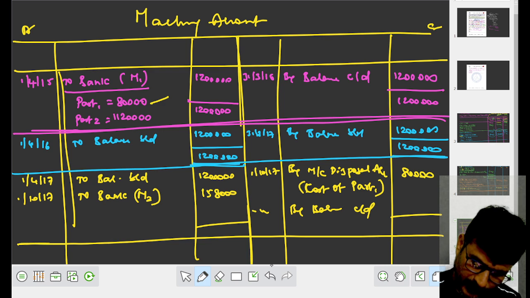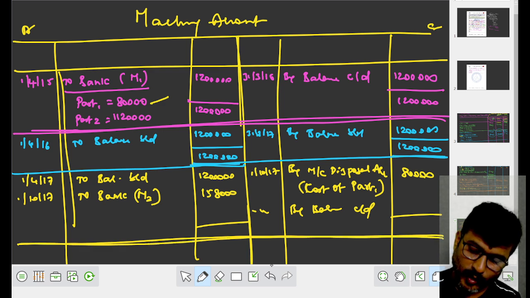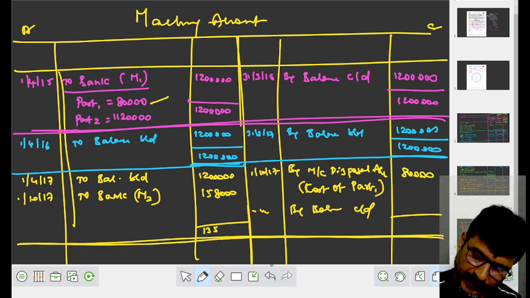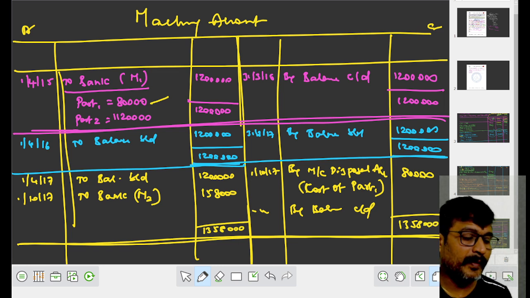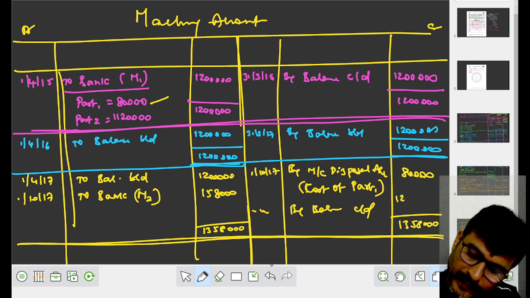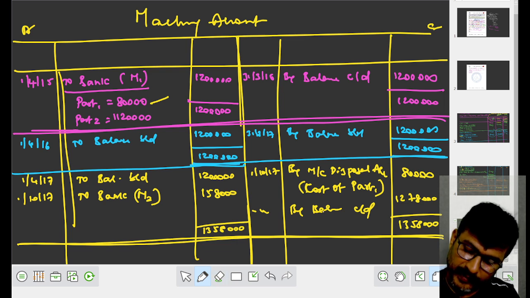Work out the total. The total comes to 13 lakh 58,000. What is the amount of brought down? 12 lakh 78,000.